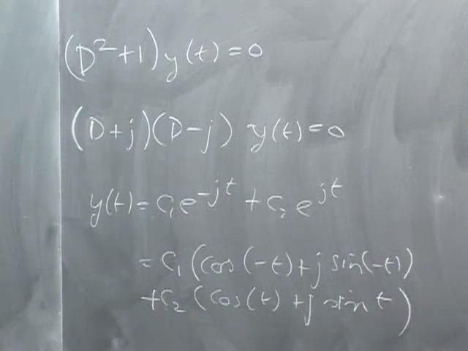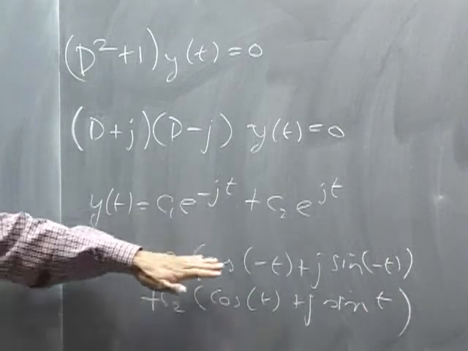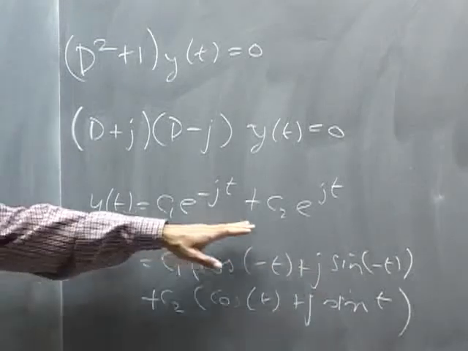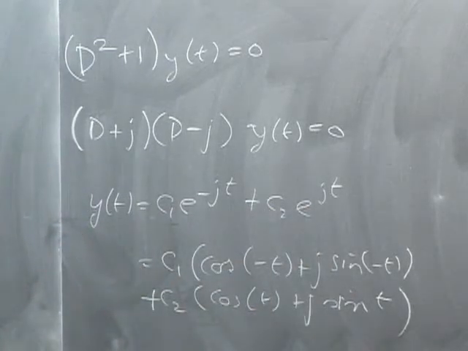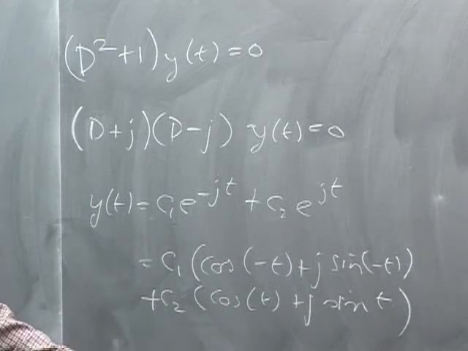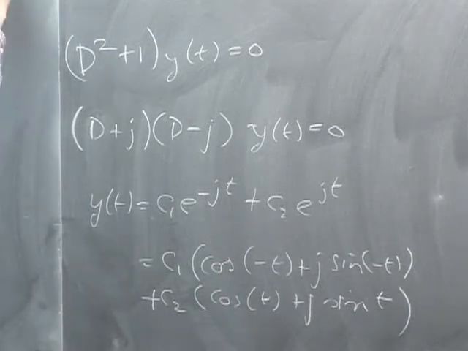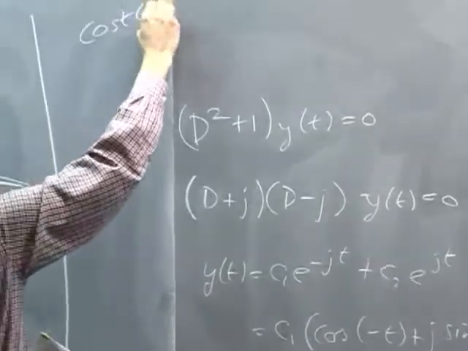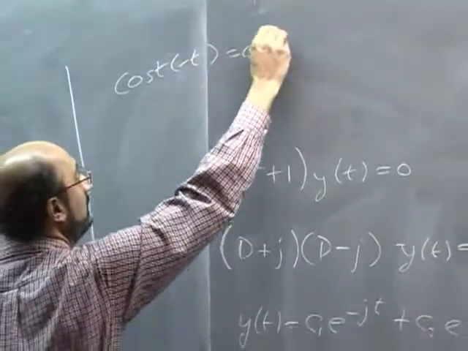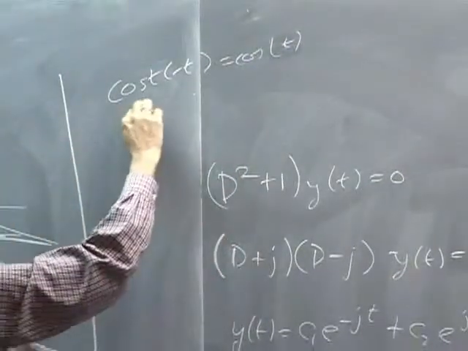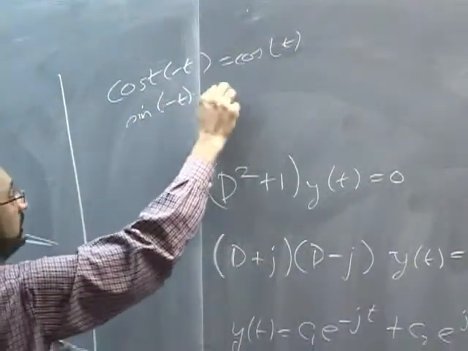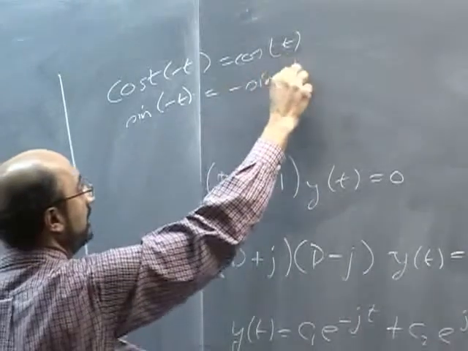And that's just expanding e to the minus jt as cos minus t plus j sine minus t, and e to jt as cos t plus j sine t. Now we know, or we should know, that cos minus t equals cos t, and sine of minus t equals minus sine t.